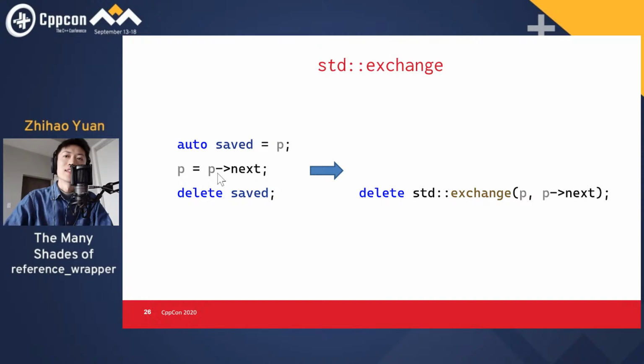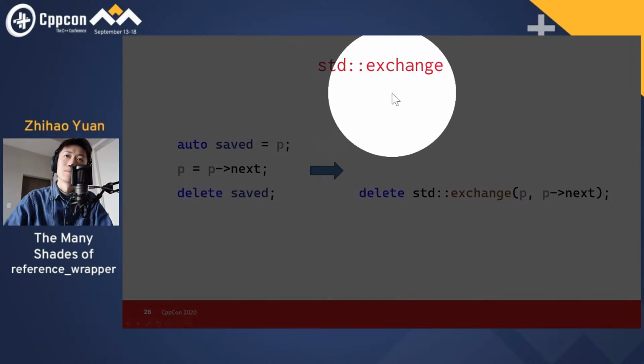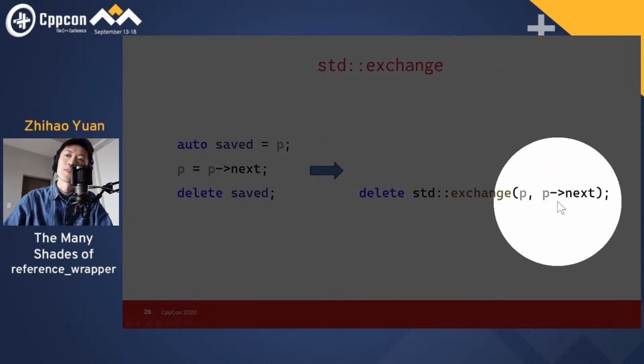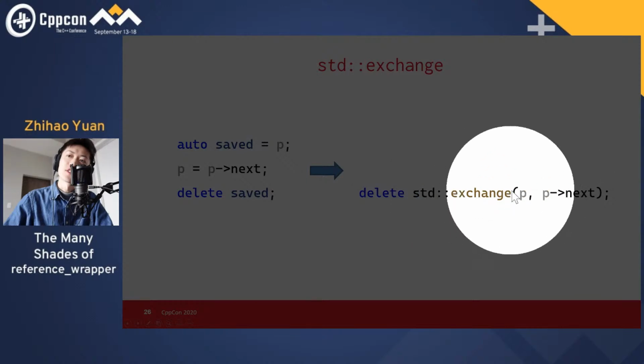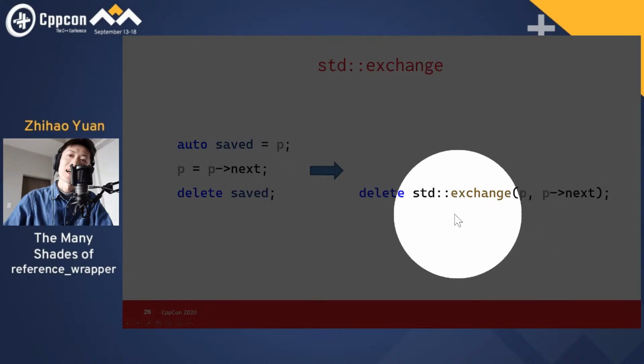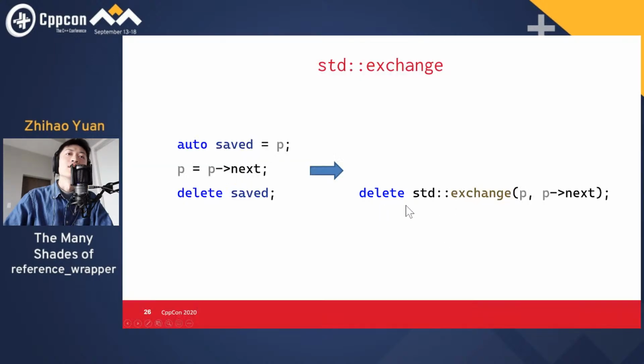What it does is essentially similar to an assignment, but after it assigns the right-hand side to the left-hand side, it returns the previous value of the left-hand side, which allows us to call the delete operator on it. This small utility was introduced in C++14. I hope you enjoy it.